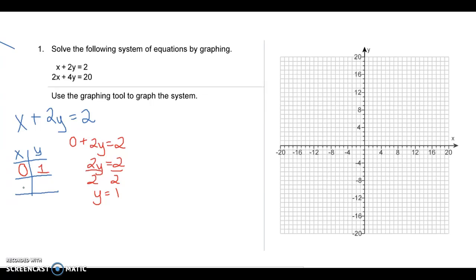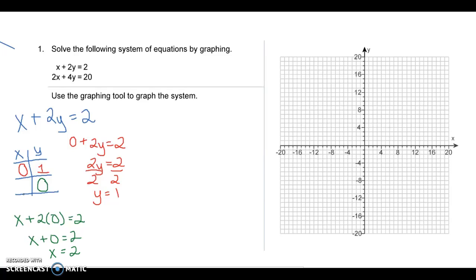Then I'm going to do that again. I can either pick another number for x, or I can pick a number for y. I like to pick 0 for y, because zeros are usually easier. So I'm going to plug in 0 for y. That's x plus 2 times 0 equals 2. 2 times 0 is just 0, and x plus 0 is just x.